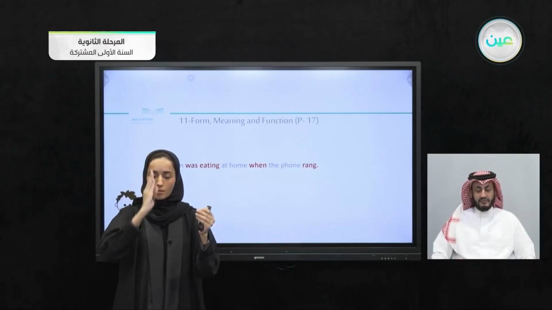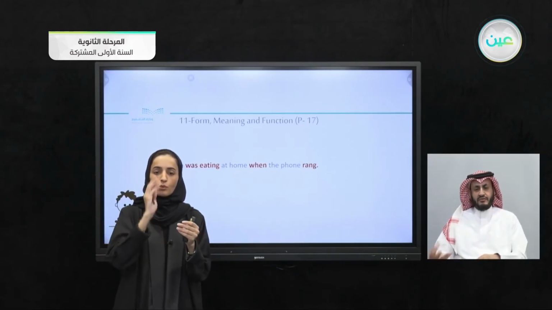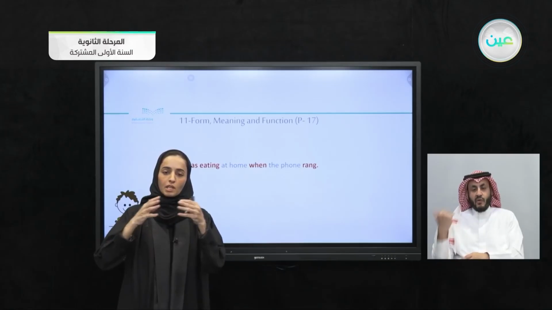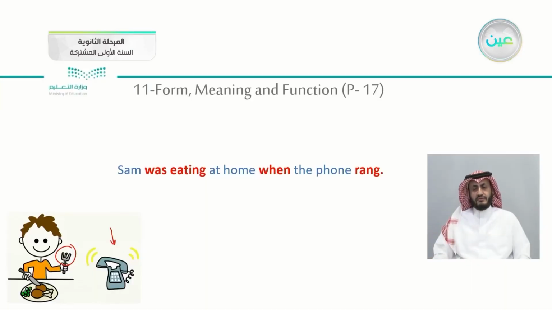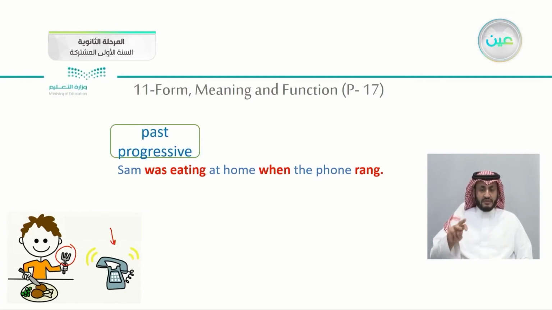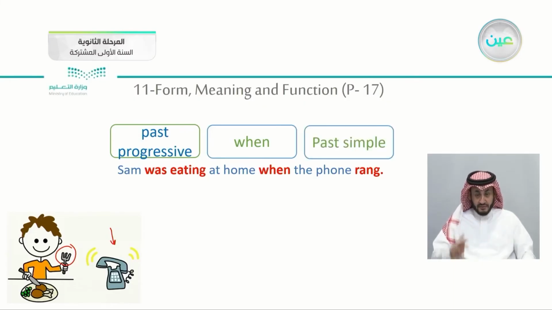And in the middle, something happened, which was the phone ringing idea. It didn't ring like for 30 minutes, no, just for a minute. So he would say, Sam was eating when the phone rang. Notice that the first sentence is in the past progressive tense, followed by when, then simple past tense.